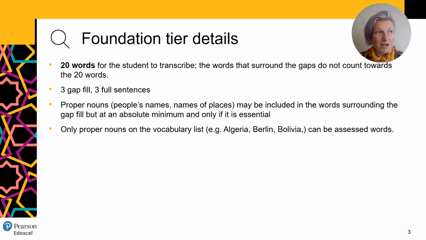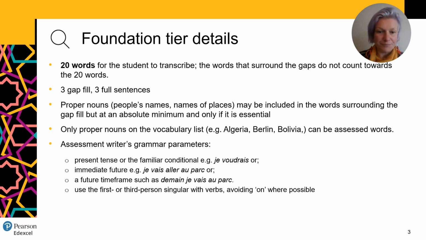Because remember, you have got 30 cultural words, which includes the names of places, on the vocabulary list. So if one of those might appear in the dictation, it could be one of the accessible words. No other proper noun would appear in an accessible position in the dictation.